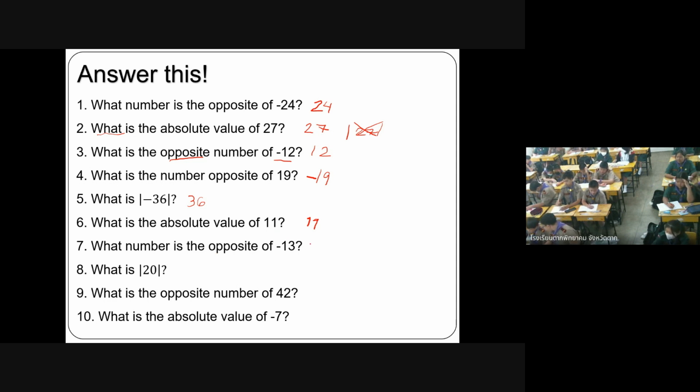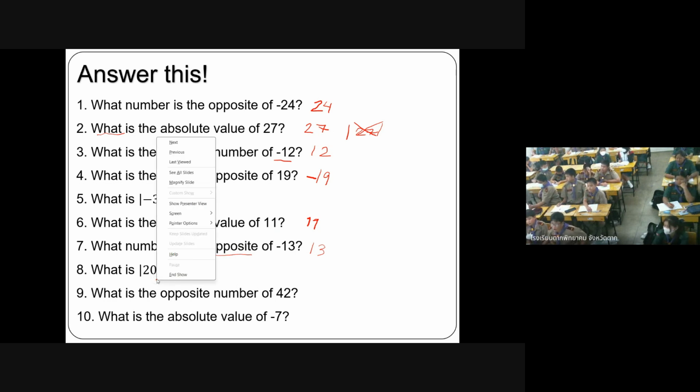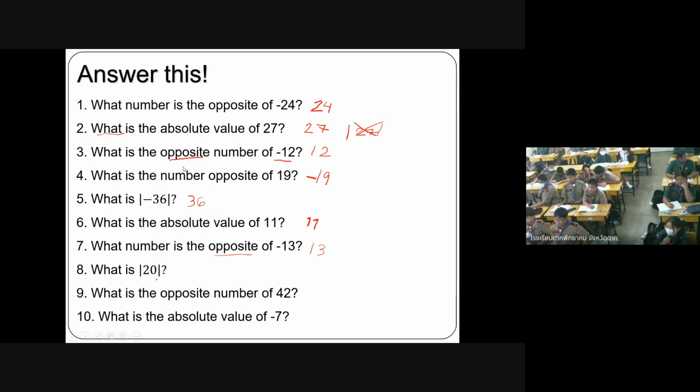It is 13. Again, we're dealing with opposite. If it's negative, make it positive. And if it's positive, make it negative. Next, number 8. Okay, what is the absolute value of 20? The answer is 20.